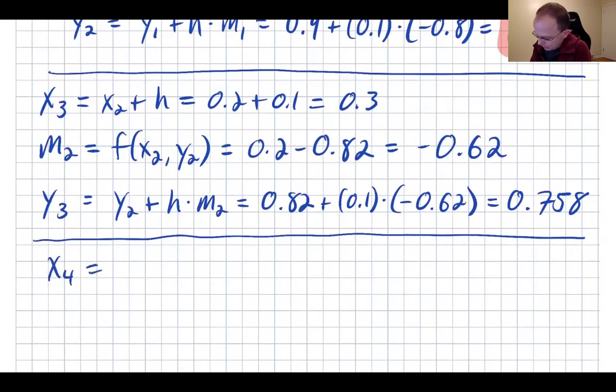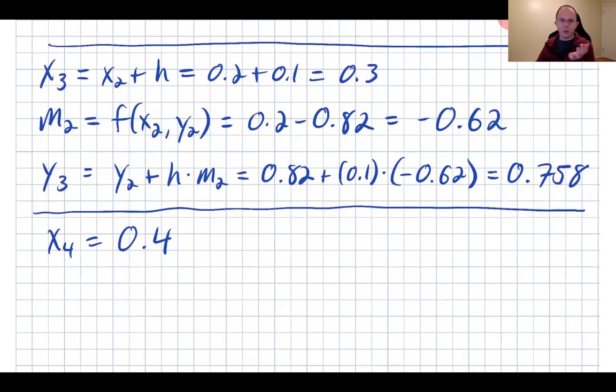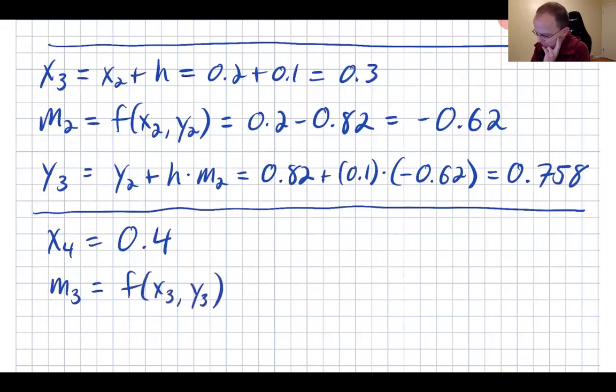x4 is, I hope you don't mind me skipping this step, you just add 0.1 again. So it's obviously 0.4. And then m3 is f of x3, y3. This is going to be 0.3, right?